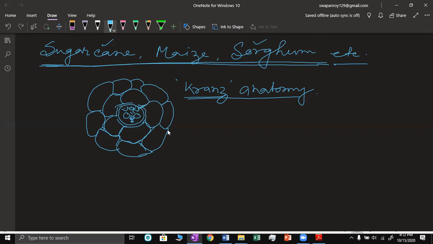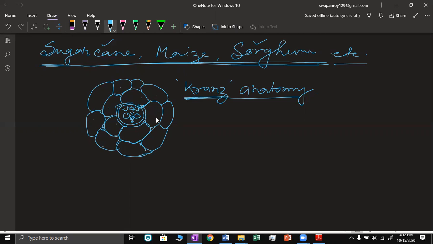So around the vascular bundle there are one or more rings of cells.